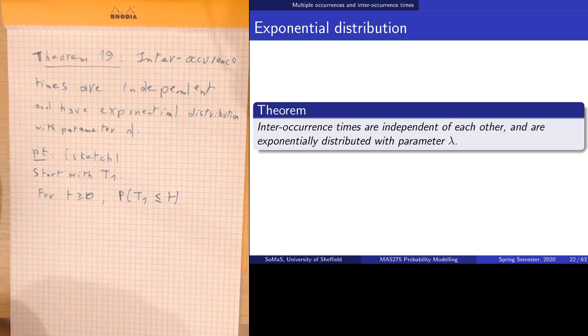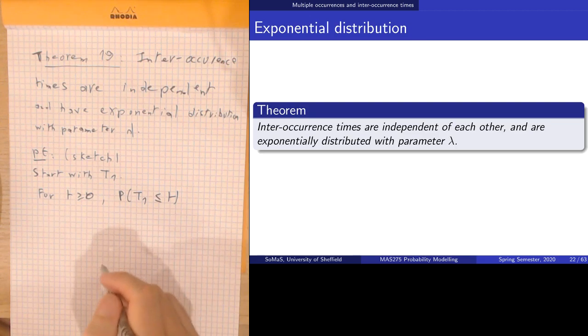If T1 is smaller than t, it means that your first occurrence happened before time t, so there is at least one event before t.